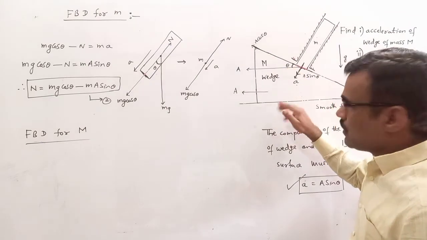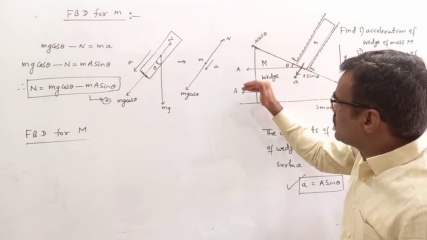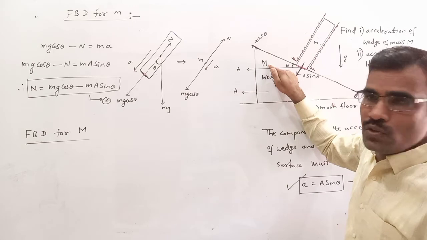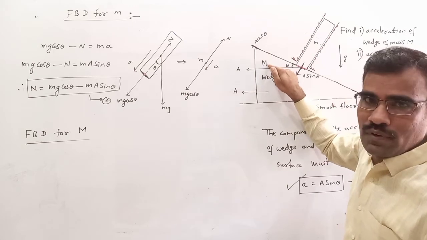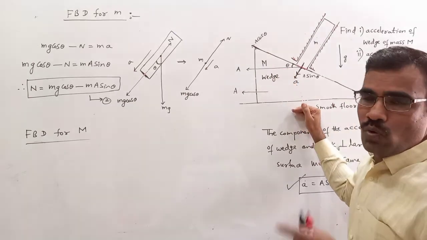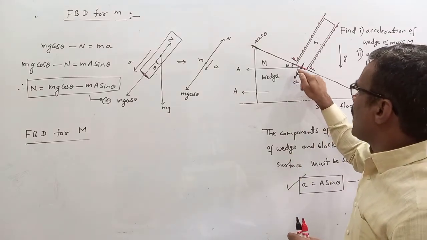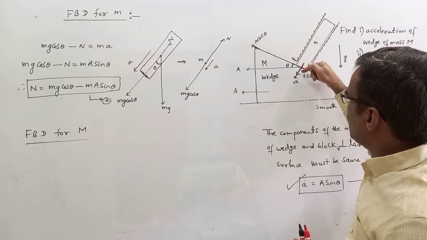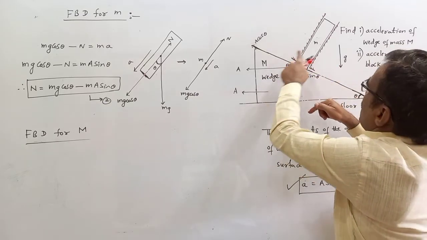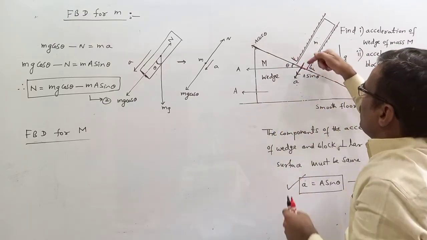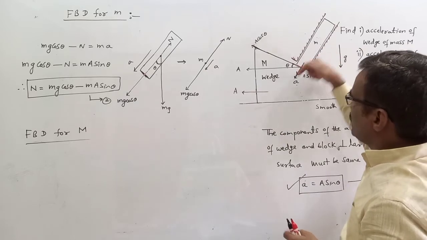Mg is acting downward, so it can't move this side due to its weight. Only one force is acting on it, the normal reaction due to small m.